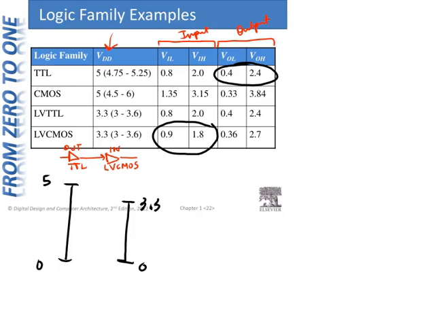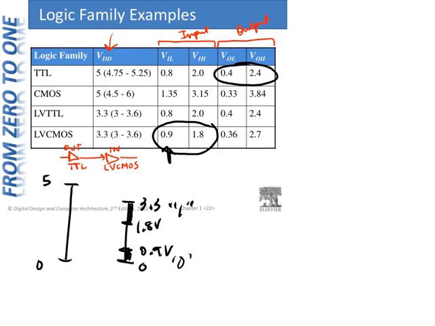So let's see. We'll just draw those on here. The input low for the low voltage CMOS is 0.9 volts, and the input high is 1.8 volts. So worst case 1 is 1.8, worst case 0 is 0.9.